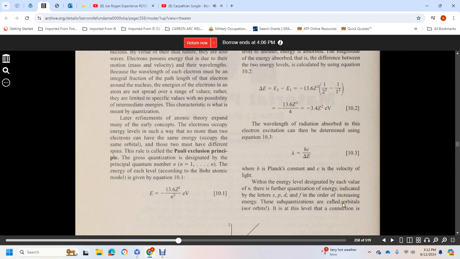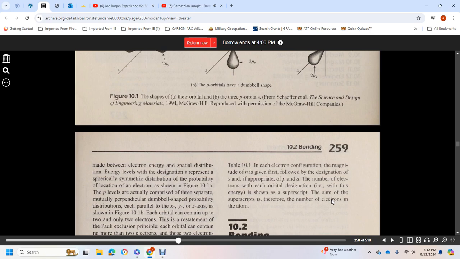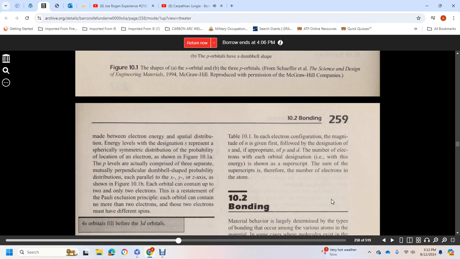These subsequent quantizations are called orbitals, not orbits.